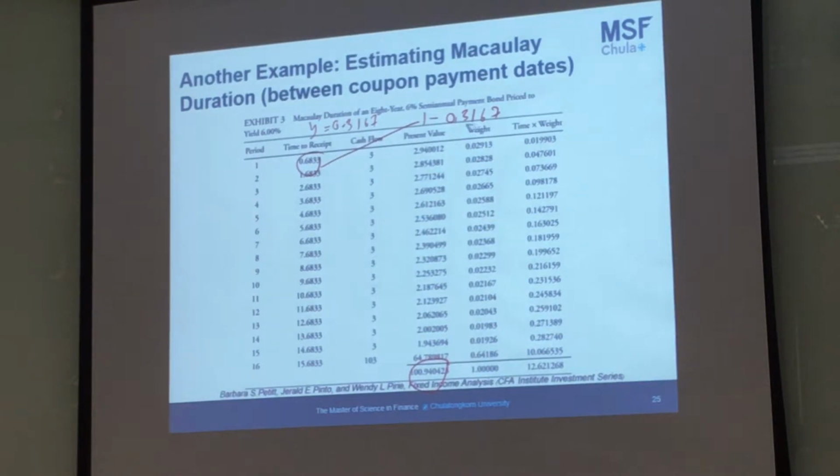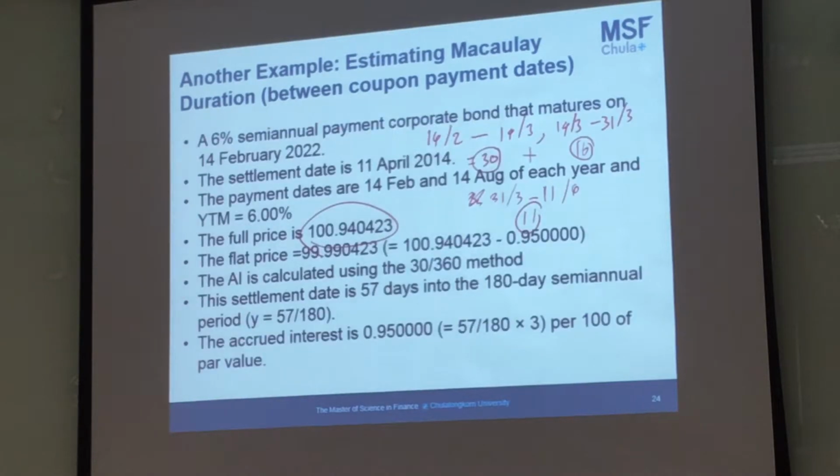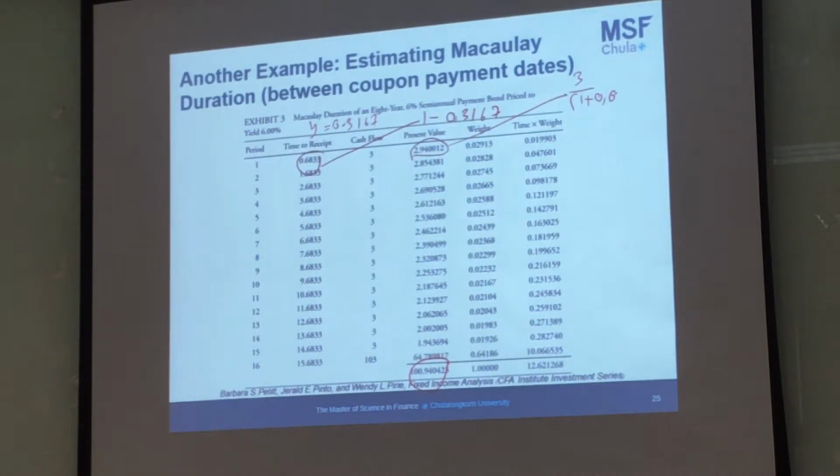So the present value is equal to 3 divided by 1 plus the discount rate, which is 6%, right? 6%, to the power of 0.6833. Okay, 1 minus Y.